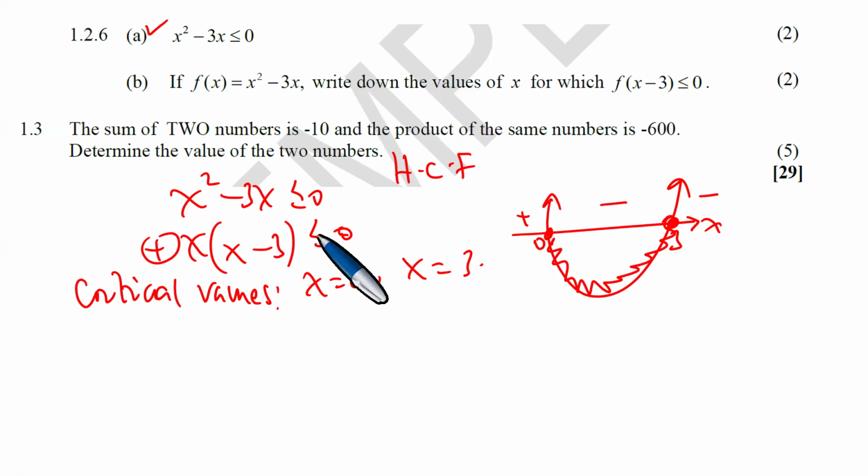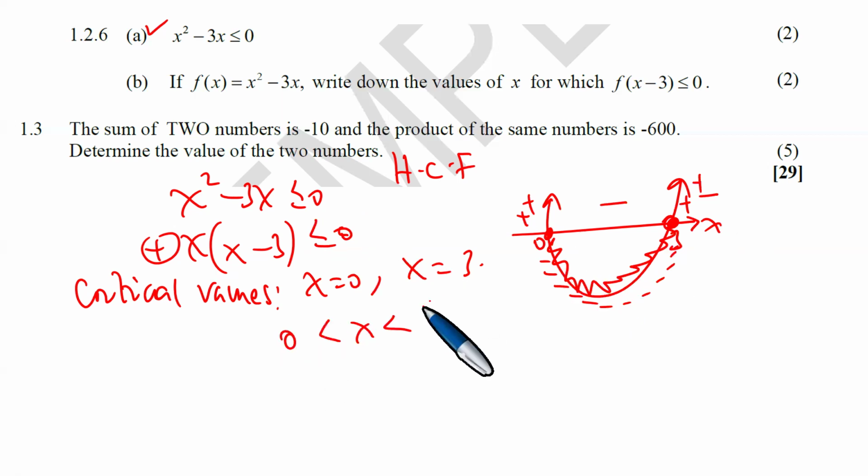We're interested in the part which is negative, which is between 0 and 3. So you can jot positive here, negative here, positive here, like so. When you're interested in the part where the quadratic is negative, less than 0, it is between 0 and 3. So you'd say your answer is between 0 and 3, but inclusive, because this is inclusive of 0. Okay, next point.